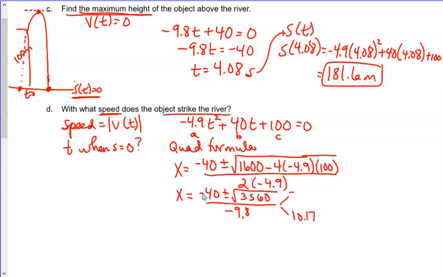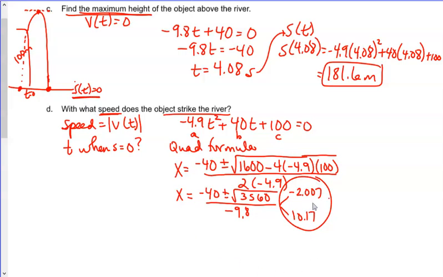And then the minus version of negative 40 minus this, divide by that, I might have them reversed. Anyway, when you plug those values in, negative 40 plus root 3560 over negative 9.8 and negative 40 minus root 3560 over negative 9.8, these two are our times at which our height is equal to 0.